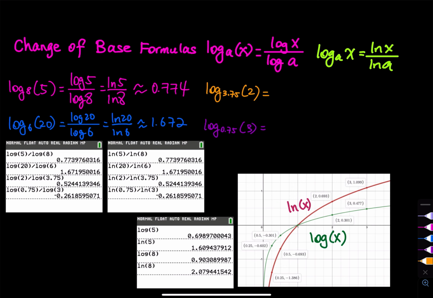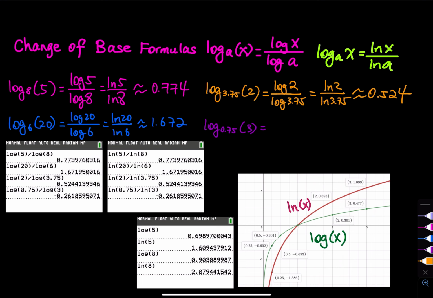Moving on to the next one, we have log base 3.75 of 2. So that is equal to log of 2 divided by log of 3.75. And for ln, that is ln 2 divided by ln 3.75, and that will be the next line. So that is approximately equal to 0.524 according to the calculation in my screenshot.